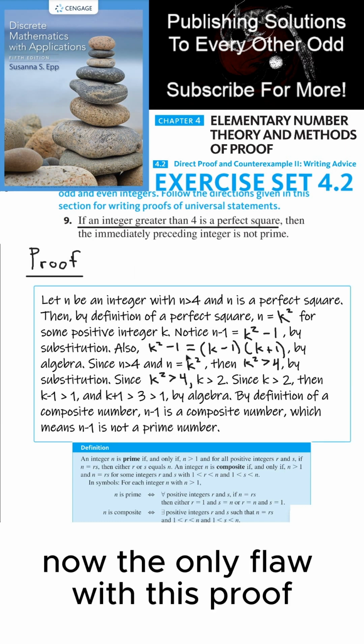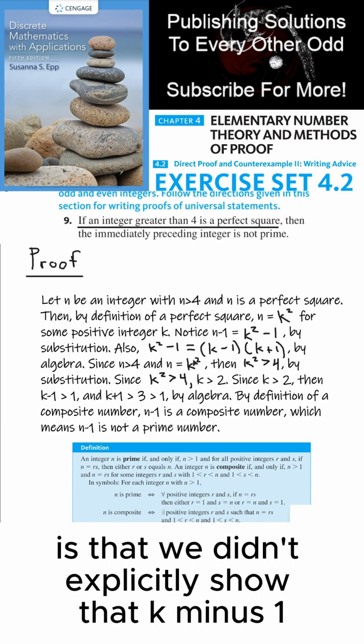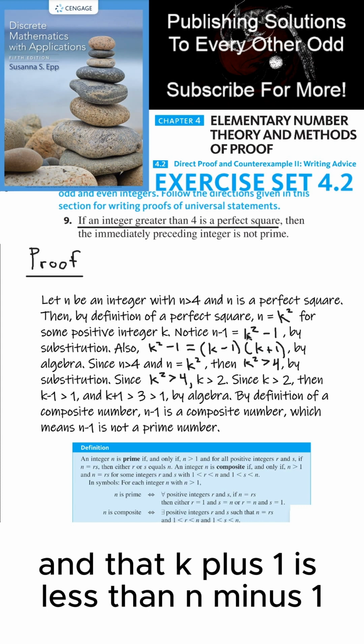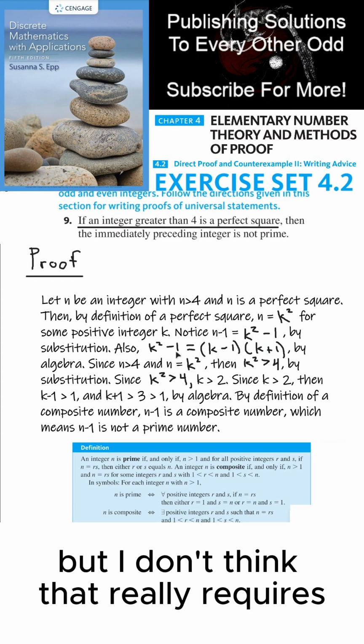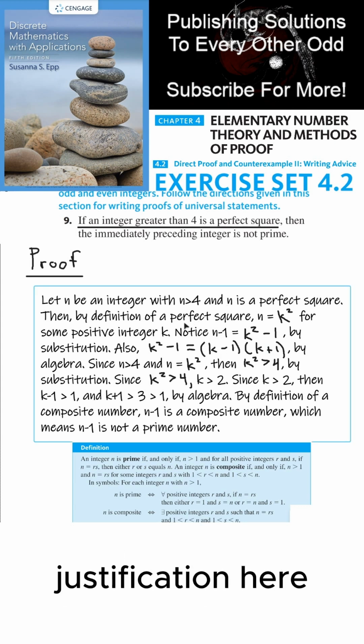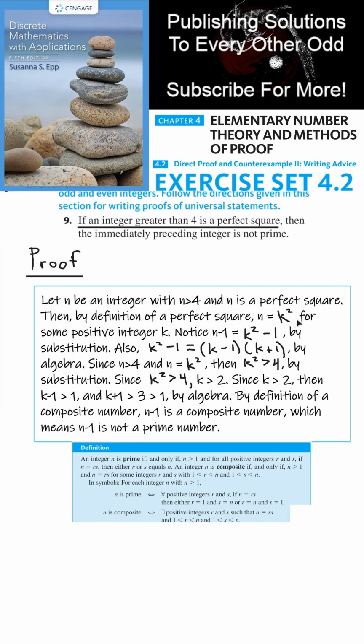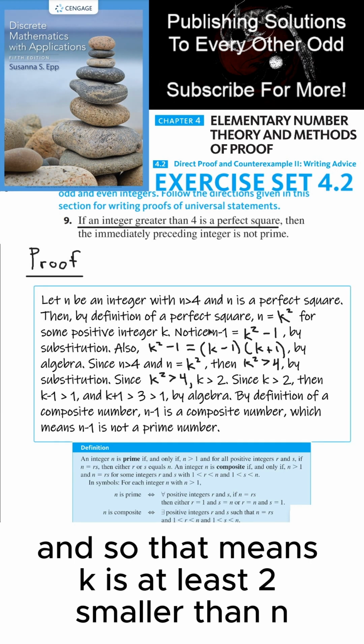The only flaw with this proof, I would say, is that we didn't explicitly show that k minus 1 is less than n minus 1 and that k plus 1 is less than n minus 1. I don't think that really requires justification here, since n is greater than 4 and n equals k squared, so k is at least 2 smaller than n.